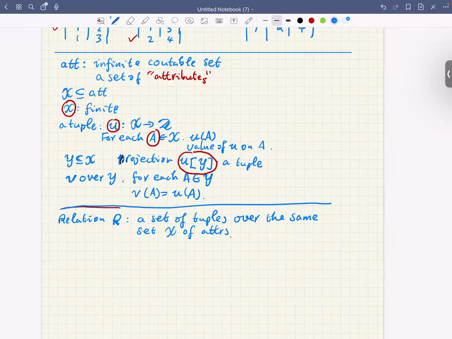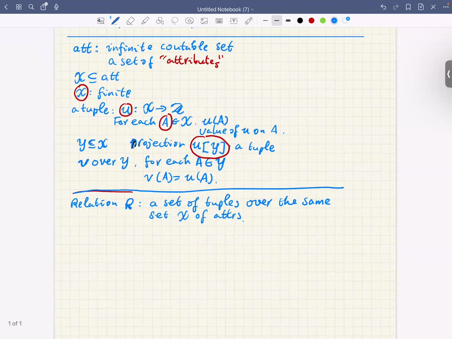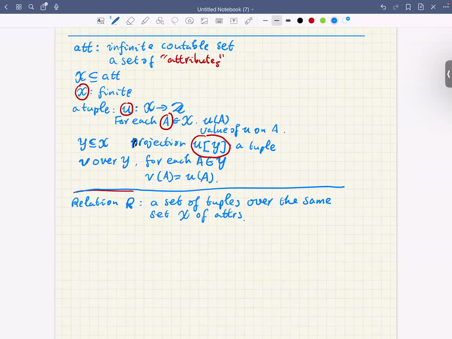So this relation R, once again, is a set of tuples. However, these tuples cannot be over different attribute sets. You see what I'm saying? All these tuples have to be functions with the same input domain, right? But you already know that the input domain of a tuple is just a set of attributes.